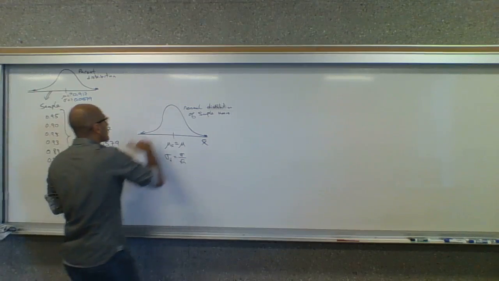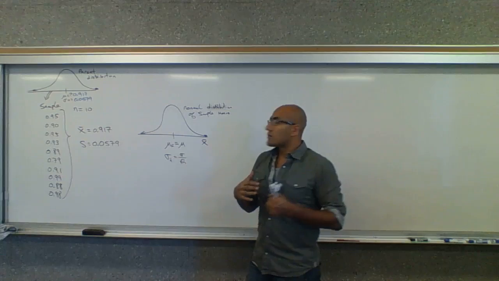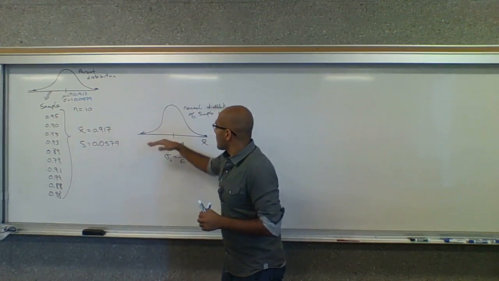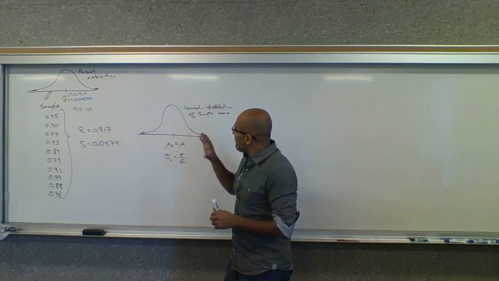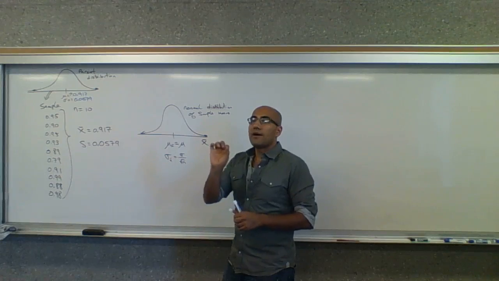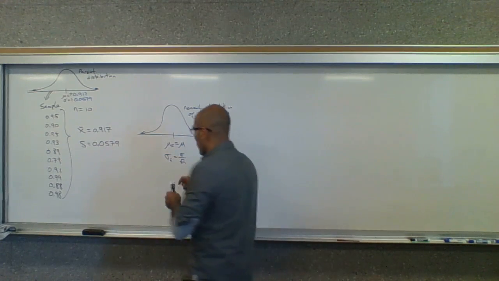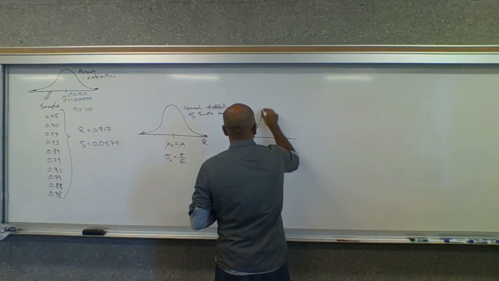Good? Now, when we construct our distribution, because we're making those guesses, it turns out that our distribution is no longer normal. It is very similar to normal, but just a little bit different. It's called a t-distribution. It'll look very similar, a little bit different.